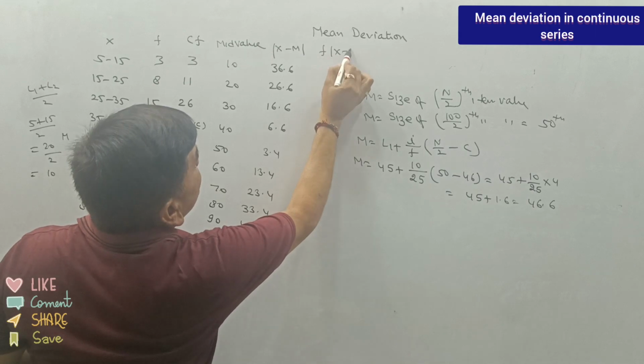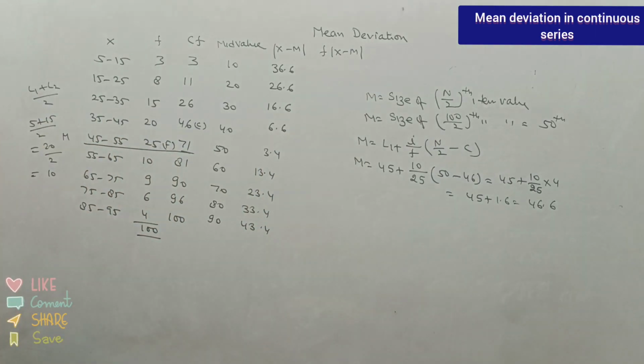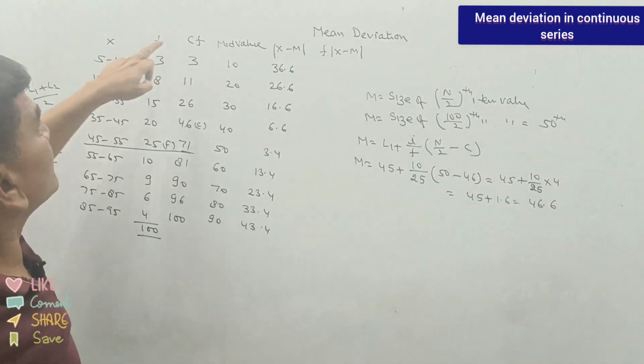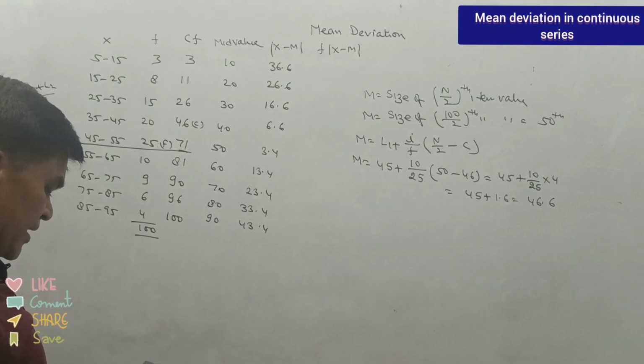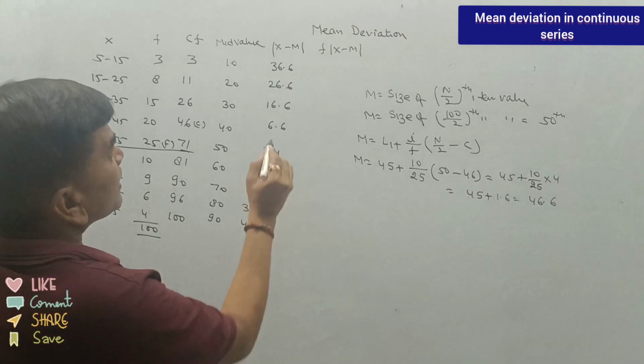Now we have to calculate f multiplied by |x minus M|. First, 36.6 multiplied by 3 is 109.8.